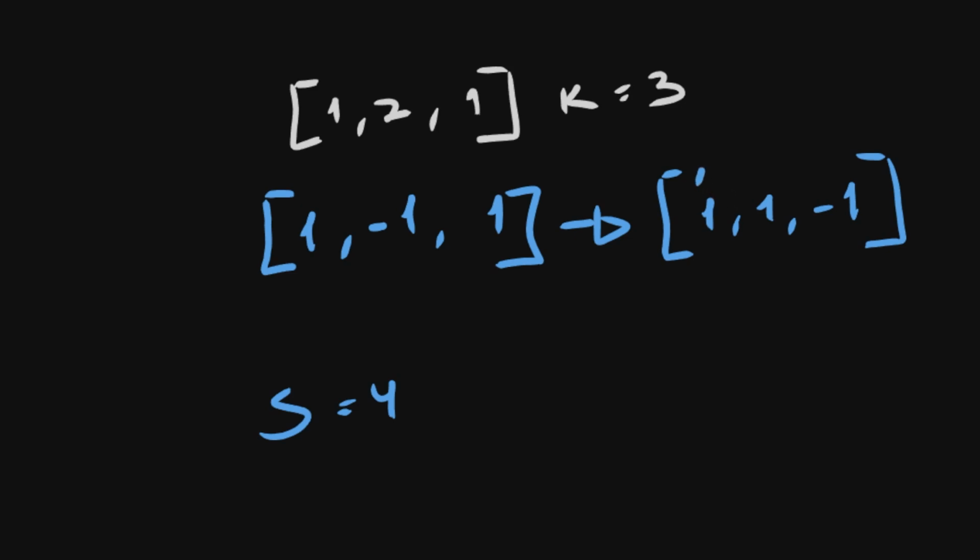So we start here, and if 1 plus 1 is greater than 0, if this is a positive number, we can just add 2 to the result, because remember, this array is built with differences only.